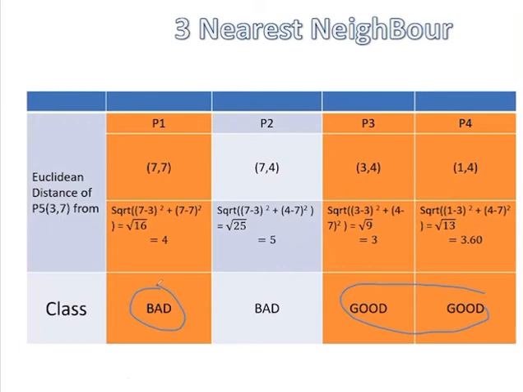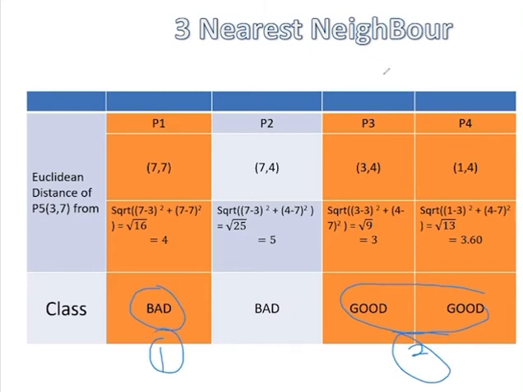We live in a world where there's variation, and we normally focus more on the frequency of occurrence. Good occurs more than the number of times bad occurs in the neighborhood arrangement. Because we got 2 good and 1 bad, and 2 is greater than 1, the data point is going to be classified as good.